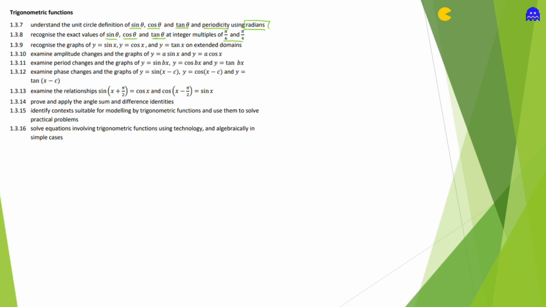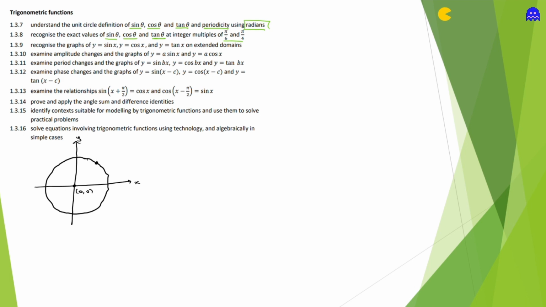If we look at our unit circle, the unit circle is defined as a circle that is centered at the origin and has a radius of 1 unit. So this is our x, this is our y, and we have our origin here at 0, 0.